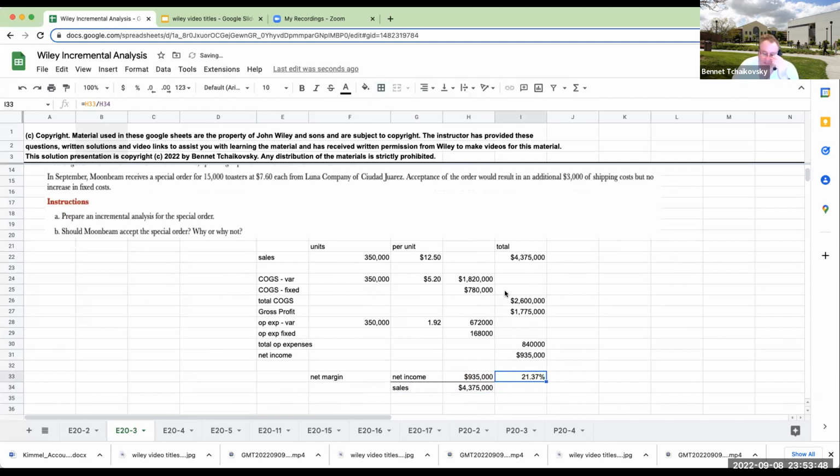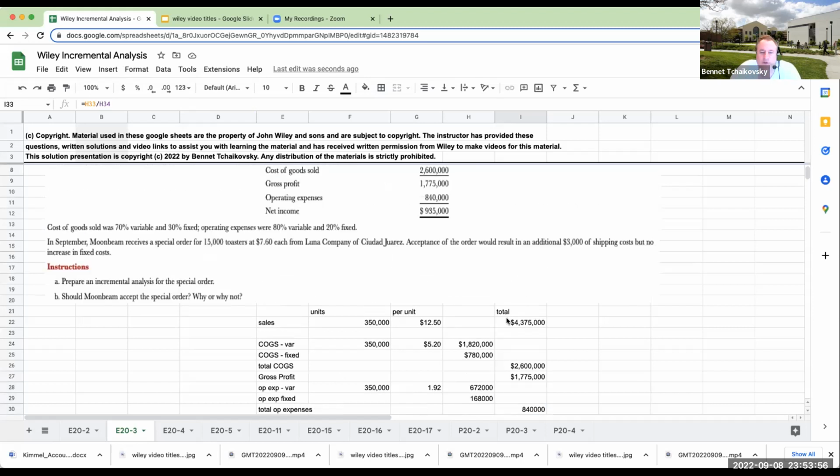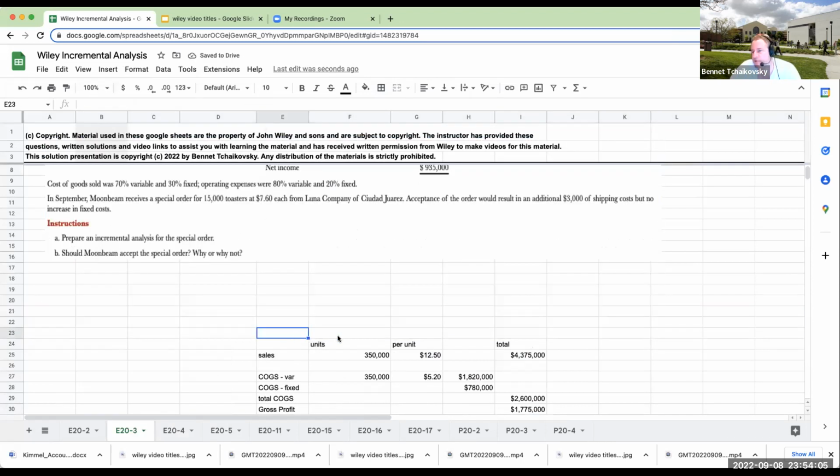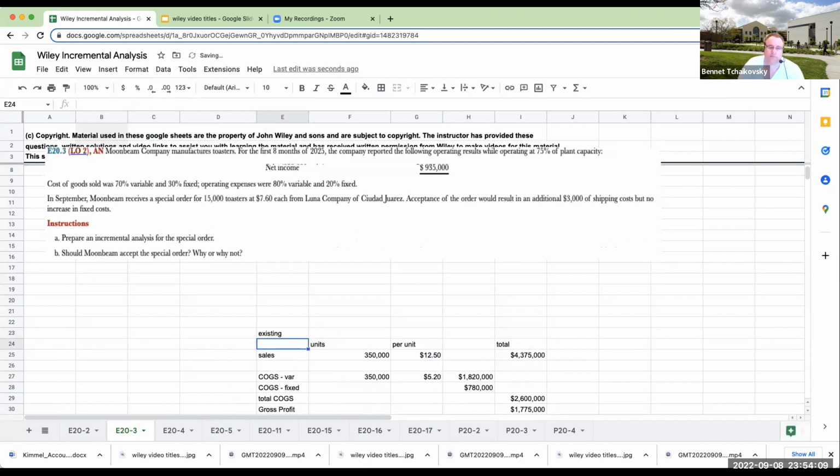So right now, during the first 8 months, if we make a sale, we're making about 21%. This is all of our existing business. When you get these types of problems, my advice is to first understand what our existing business looks like, and now let's go take a look at the new business.